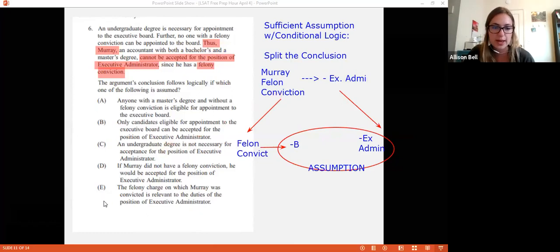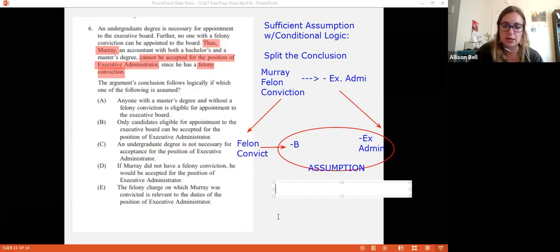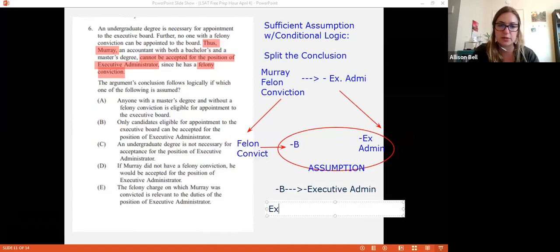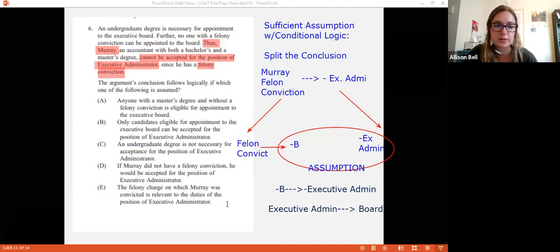So now I can take the assumption that I've found and I can predict what the correct answer is going to be. It's either going to be, if you're not on the board, then you can't be an executive administrator. Or if you are an executive administrator, then you have to be on the board.